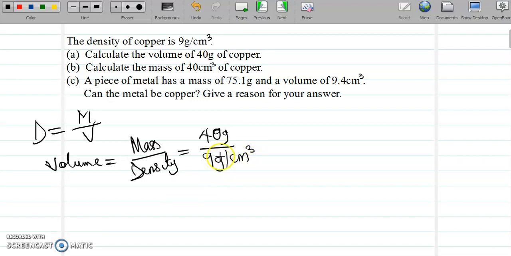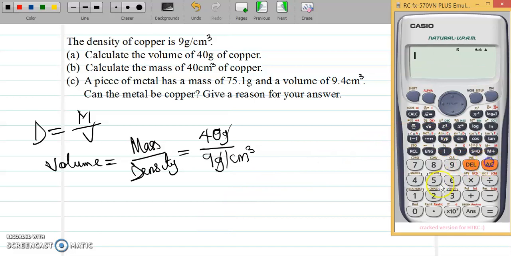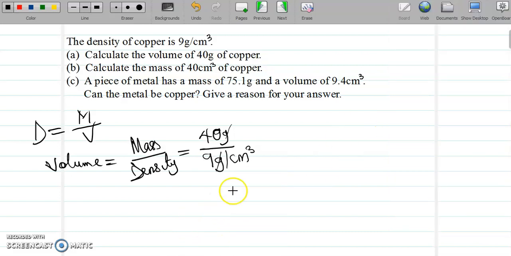Cm cube is always volume. So this cancels this, and we have 40 divided by 9. That gives us 4.44444, a recurring decimal. So this gives us 4.44 cm cube. This gives us our volume.